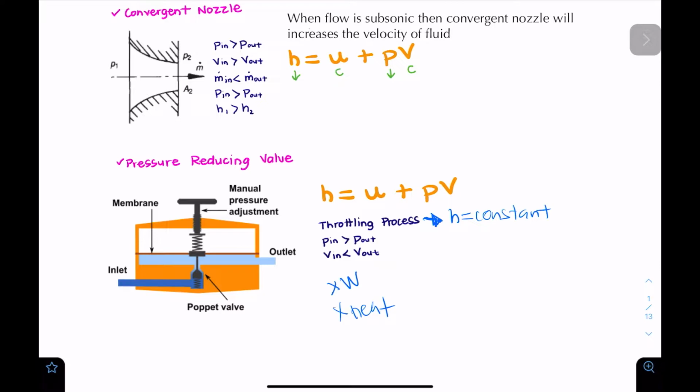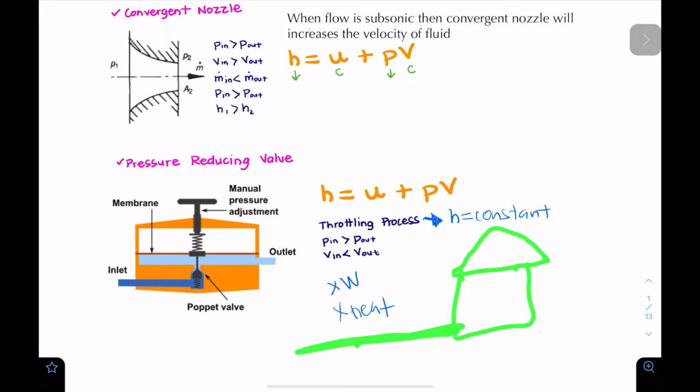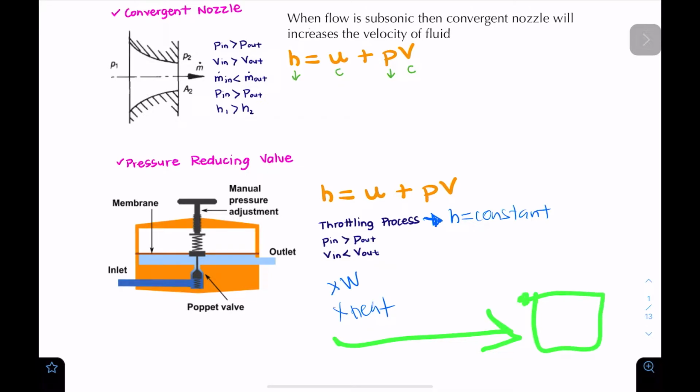A pressure reducing valve, or a water pressure regulator, is a piece of plumbing. We can use it in plumbing or in other places to basically reduce the pressure. For example, if we have a house and water coming from the city, the pressure is going to be very high, so we need a pressure reducing valve to reduce the pressure going into our homes, right?